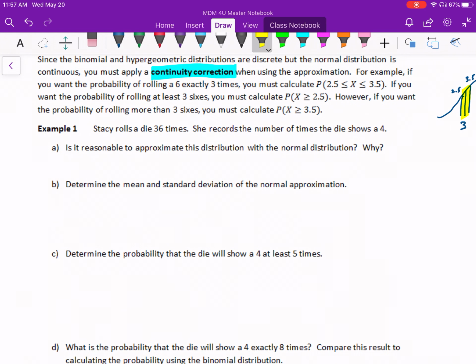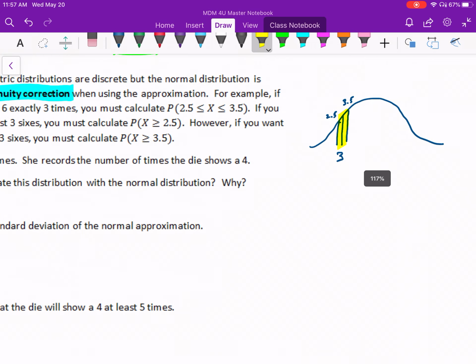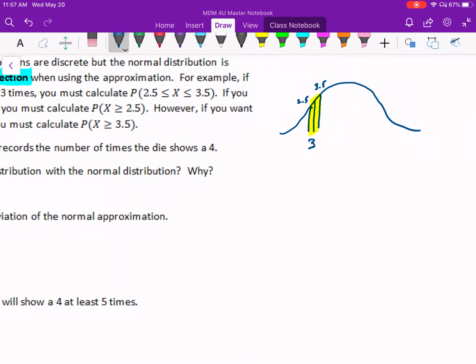If we want the probability of rolling at least 3 6s, now we want something more like this. Again, let's say 3 is here. If I want at least 3 6s and I want to include 3 and up, then I would go down to 2.5, dropping that half unit again, but this time going all the way up, and I want this whole area here.